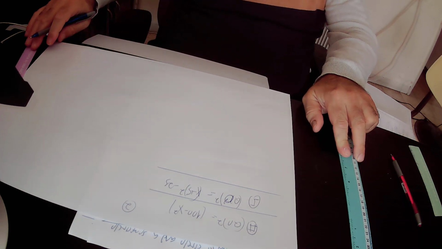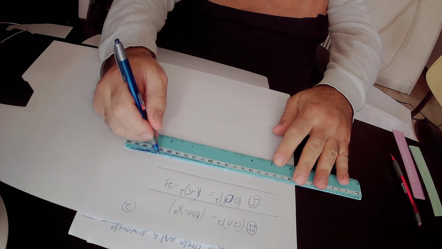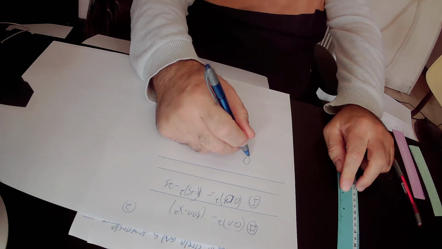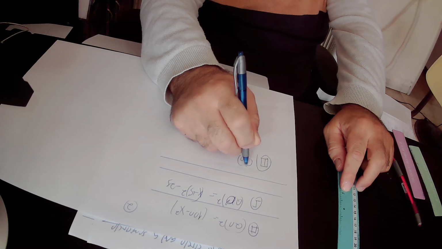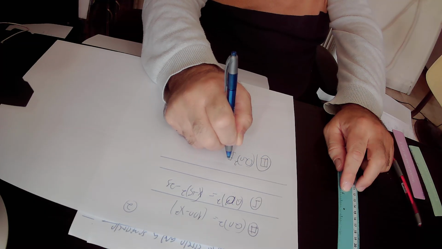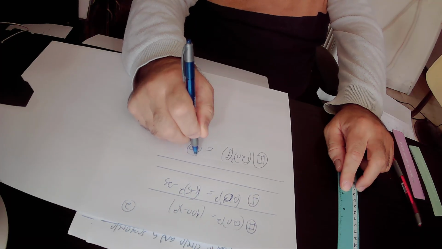Therefore, we can write equation 3 that says that QO squared according to equation 1 must be equal to QO squared according to equation 2.